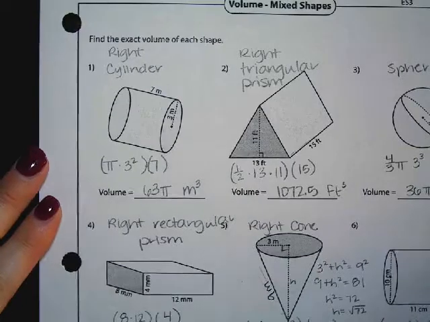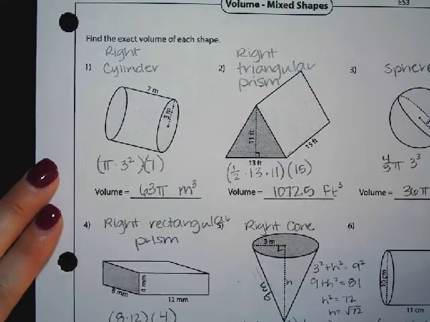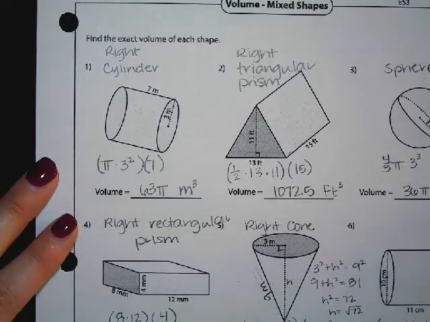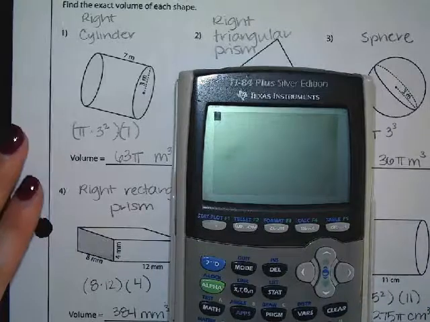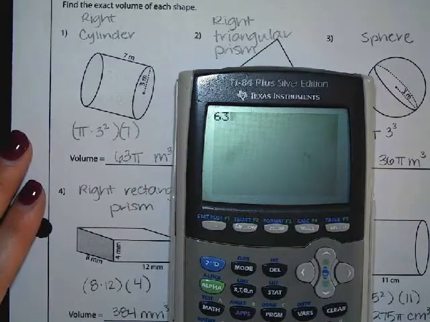All right. We are going to go back and we are going to find approximate answers. What do I mean when I say approximate answers? Decimals. All right, grab your calculator. We're going to type in 63 pi. How do we type that in? Yeah, but we're not going to use 3.14.